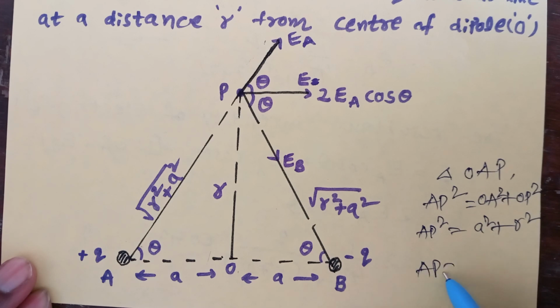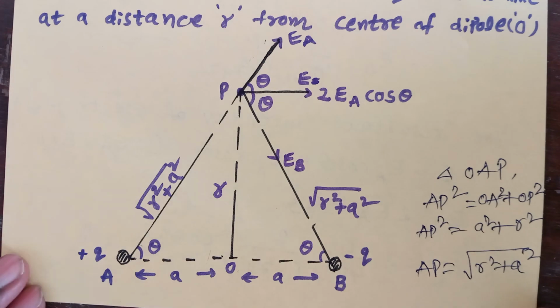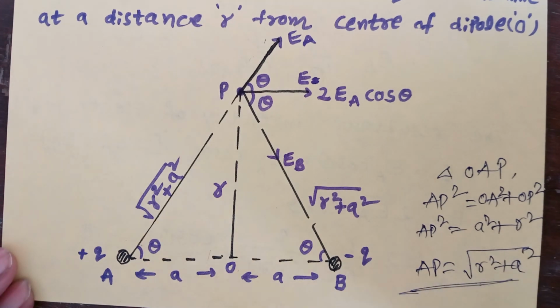Removing the square, AP is equal to square root of r square plus a square. On both sides it is equal: AP is equal to BP.